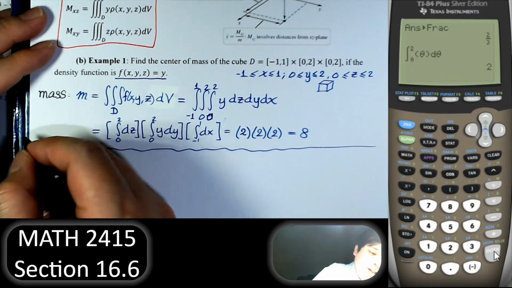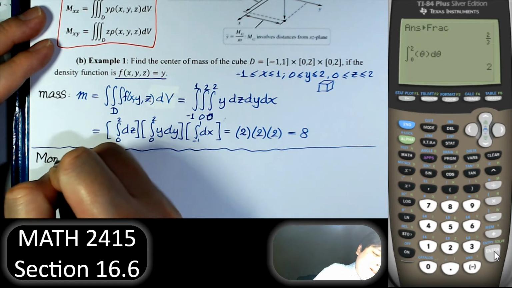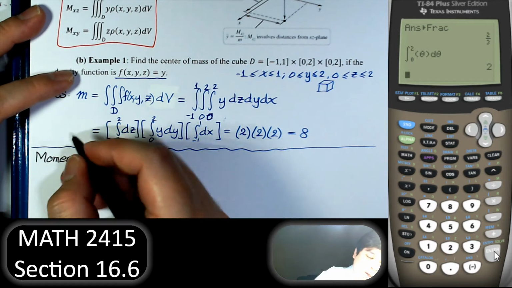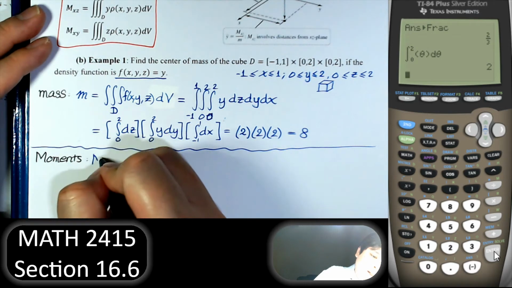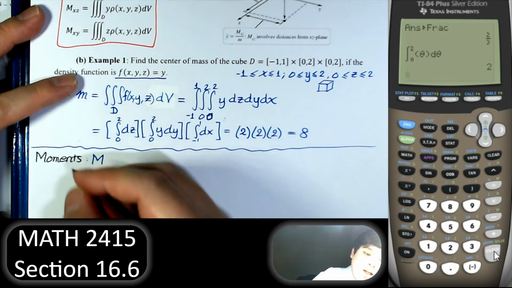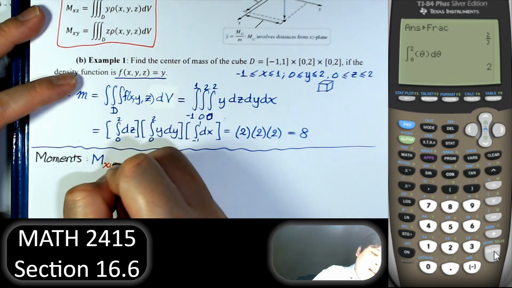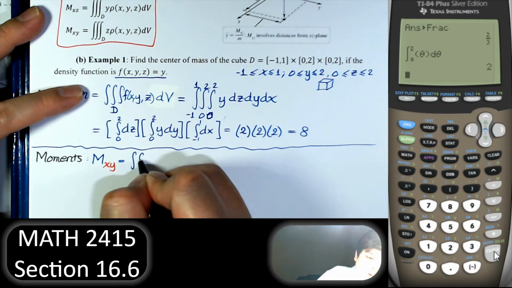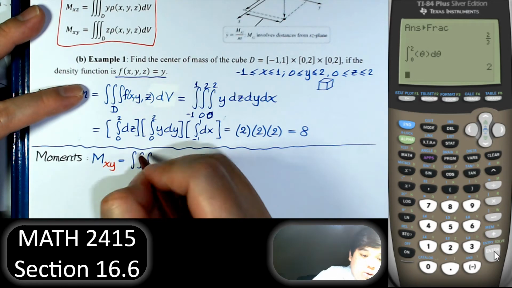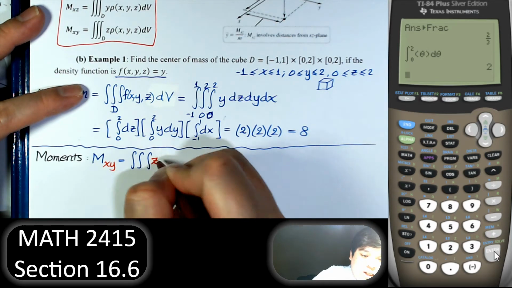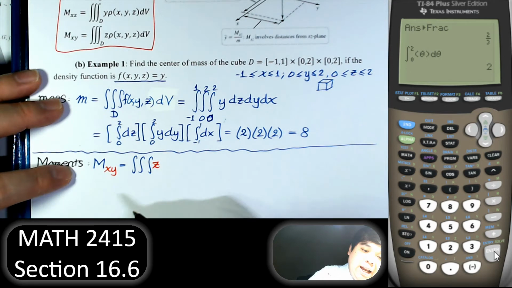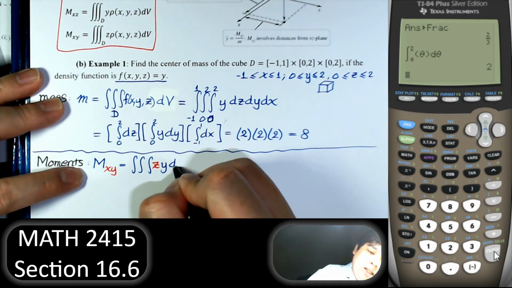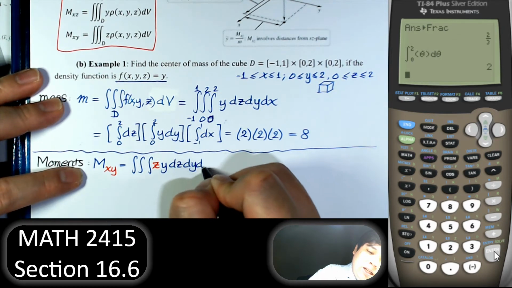Now the moments. The moment with respect to the xy plane, that is where the distance to the xy plane is z, and then the density function, everything else, so just y dz dy dx.